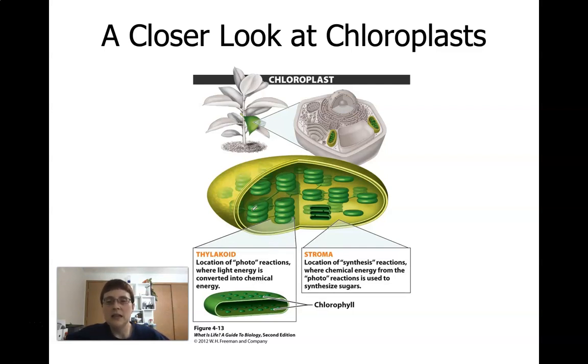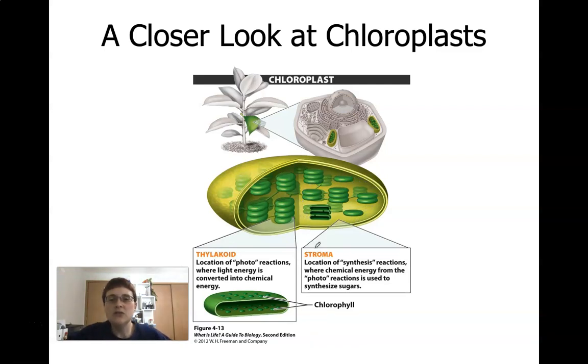So we'll see these guys here in a little bit when we talk about the actual parts of photosynthesis, the more detailed sections. So we've got the thylakoids for the photo part of photosynthesis, and then there's the stroma. And the stroma is the liquidy part inside of the chloroplast that surrounds the thylakoids.